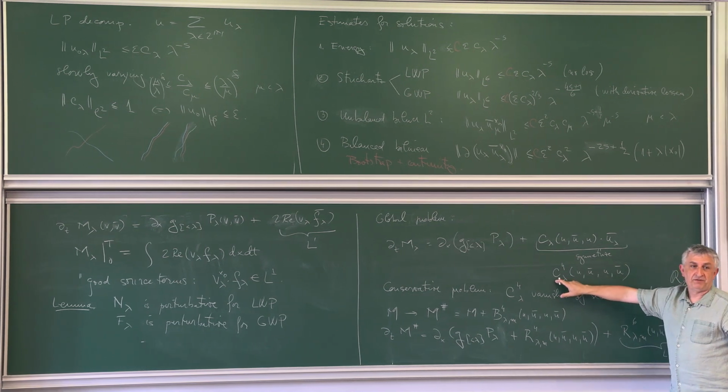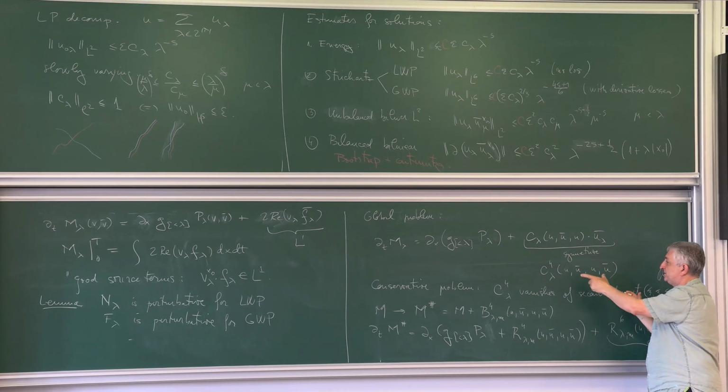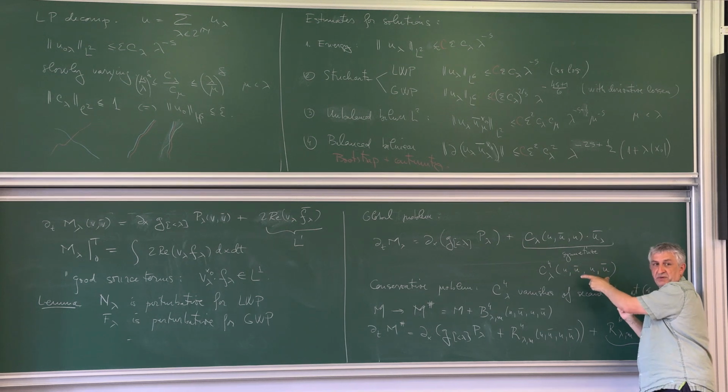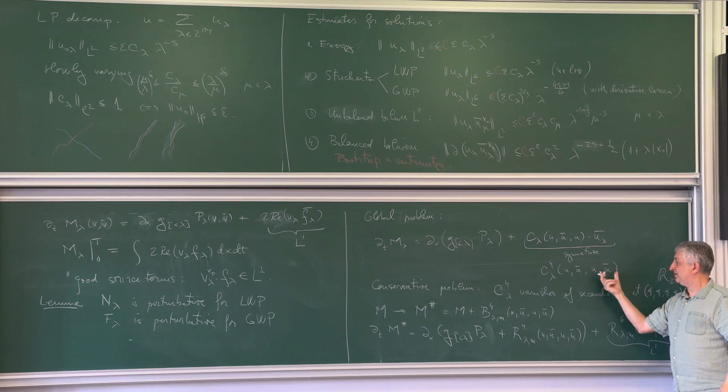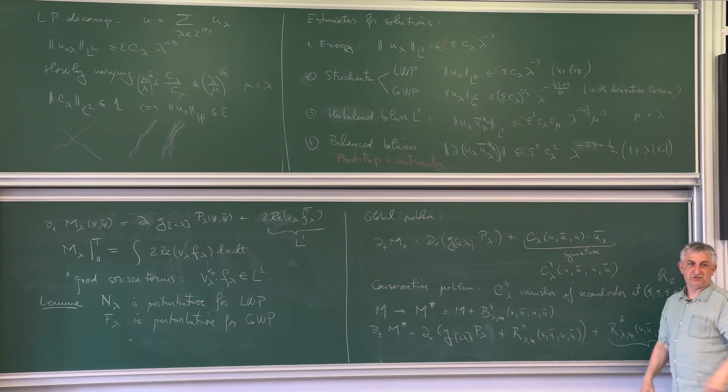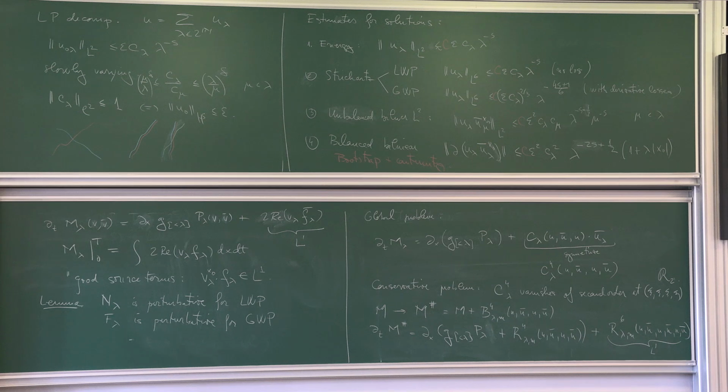Then I want this to be a real functional, so I can also take its complex conjugate, so I can replace this pair with this pair. So if you want, I have a group with 8 elements: symmetry of this, symmetry of this, and exchanging u's and u bars.